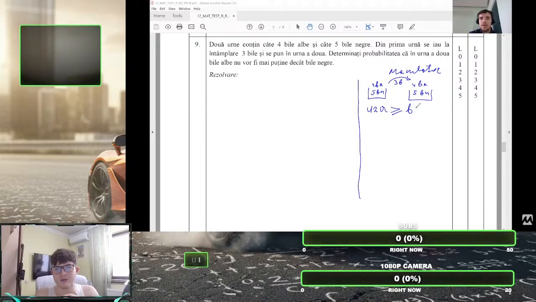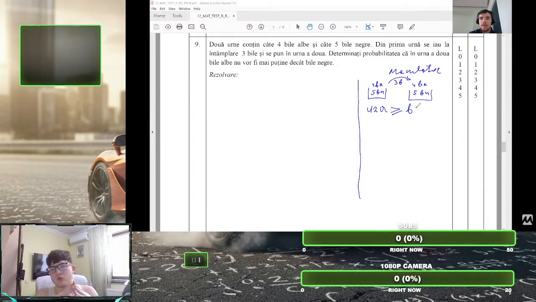From the first bin, 3 balls are randomly taken, and they are placed in the second bin. Find the probability that in the second bin white balls will be more than black balls, or equal to them.